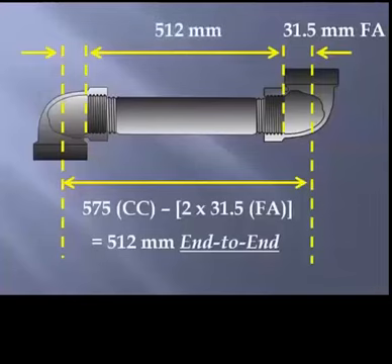To put it another way, a 512 millimeter end-to-end piece of 1.5-inch pipe with two 1.5-inch 90s threaded on to either end would create a center-to-center run of 575 millimeters.